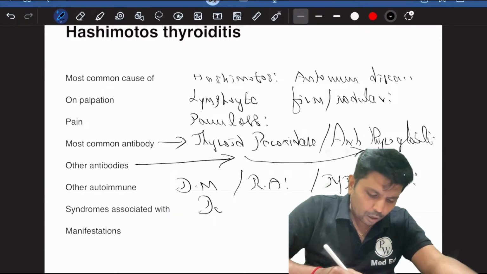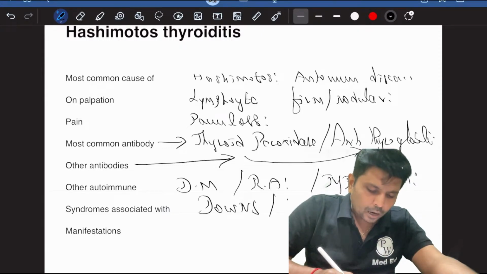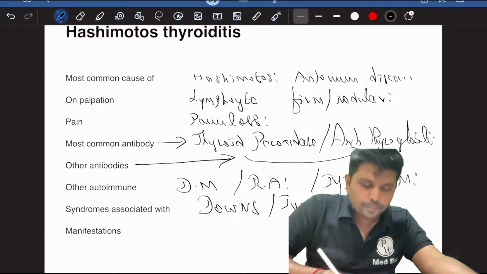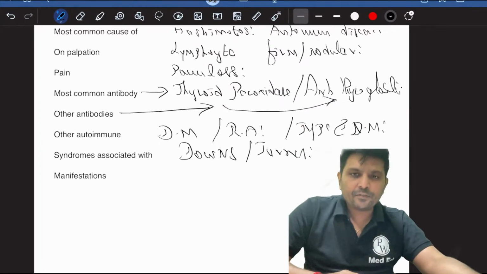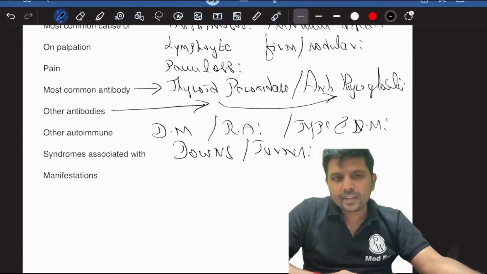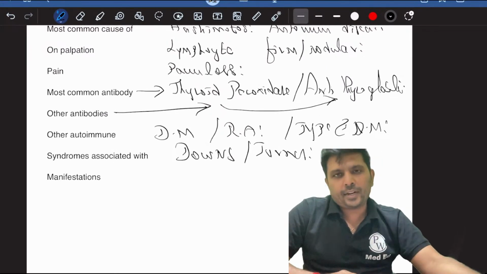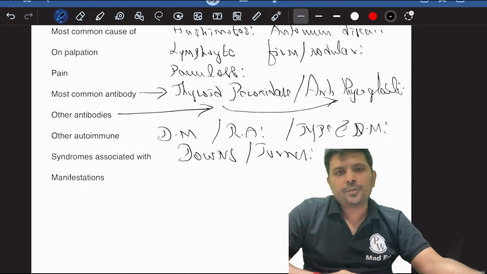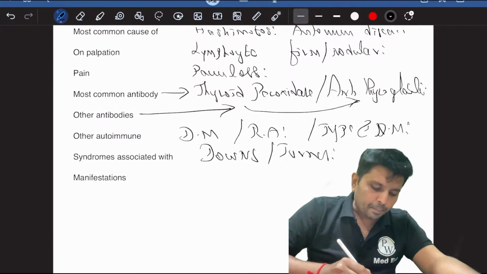Syndromes, remember, all Down syndrome, all Turner syndrome should be periodically screened for hypothyroidism, for Hashimoto's thyroiditis. They are very prone to Hashimoto's thyroiditis.